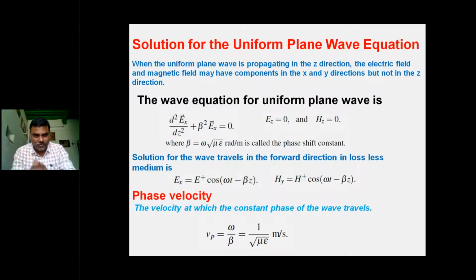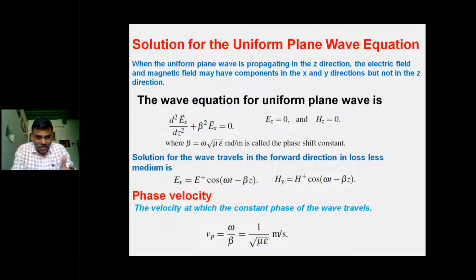Similarly for the Hy component, and here the phase velocity. So whatever the velocity of the wave to have the constant phase is called phase velocity, and that Vp is given by omega by beta. And since beta is omega root mu epsilon, omega by beta is 1 by root mu epsilon meter per second, the phase velocity.